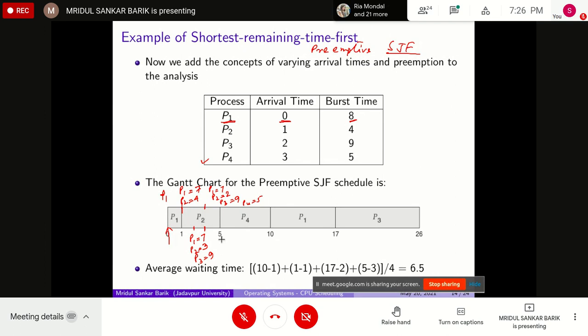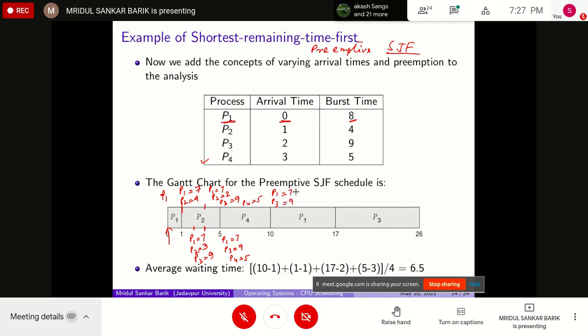At time 5, we have 3 processes: P1 with remaining time 7, P3 with remaining time 9, and P4 with remaining time 5. Which one is the shortest? P4. So P4 would be scheduled for 5 time units, executing up to time 10. At time 10, we have P1 with remaining time 7 and P3 with remaining time 9.